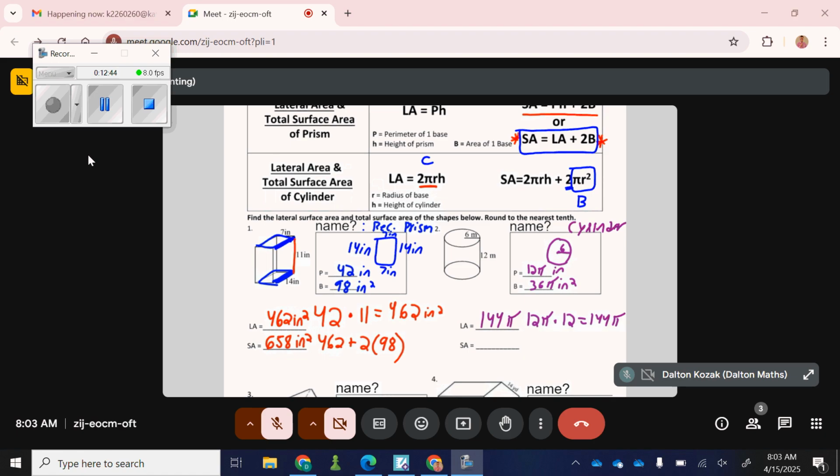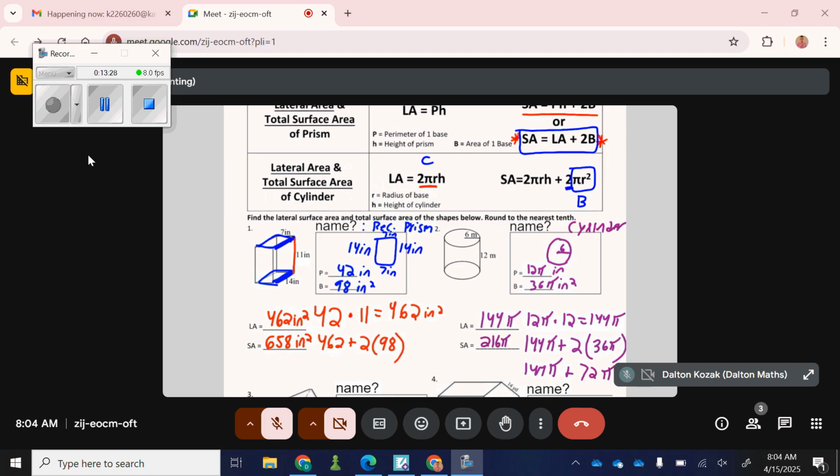So the surface area would be the lateral area, 144 pi, plus the area of both of our bases. We have two of them, and the area of one of them is 36 pi. So that's 144 pi plus 2 times 36, which goes to 72 pi, and adding 72 and 144, we get a total of 216 pi.